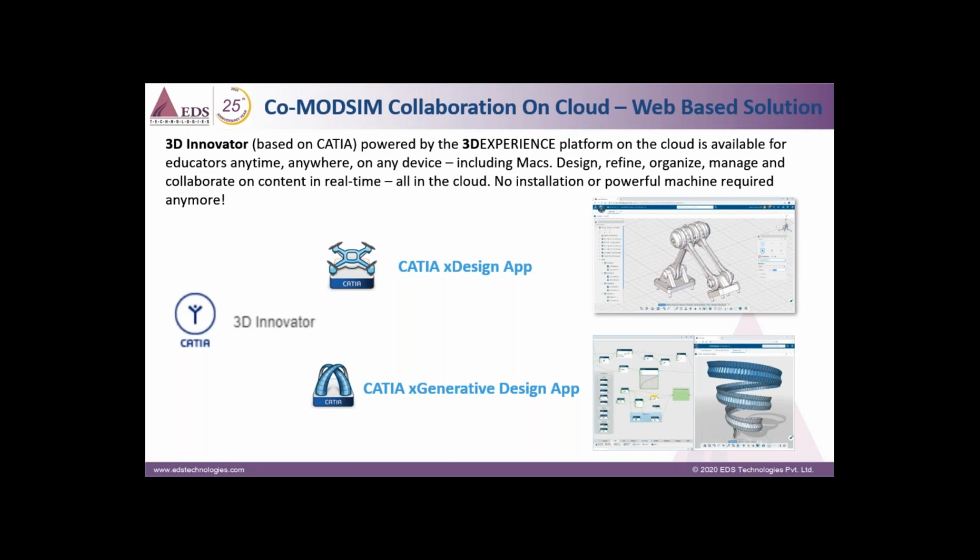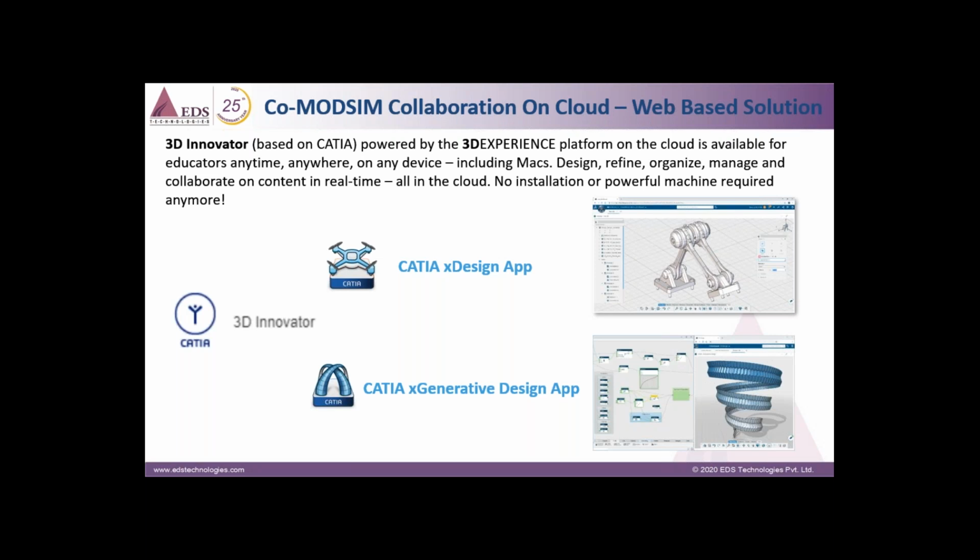This statement is very powerful for us and very useful for the entire audience attending this webinar: 3D Innovator, based on CATIA and powered by the 3D experience platform on the cloud, lets you design, refine, organize, manage, and collaborate on the content you have created in real time.